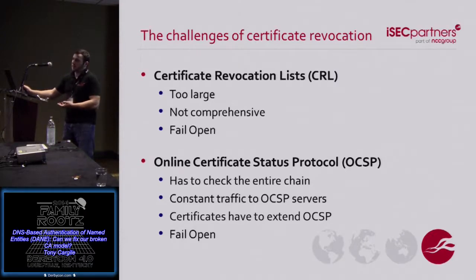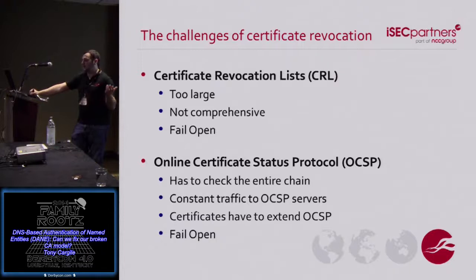Otherwise, you just take down the internet, basically. So neither one of those solutions are valid, and your browsers don't really use either one of these completely. Chrome uses a kind of a modification of CRLs and OCSP. Most of your browsers do that.